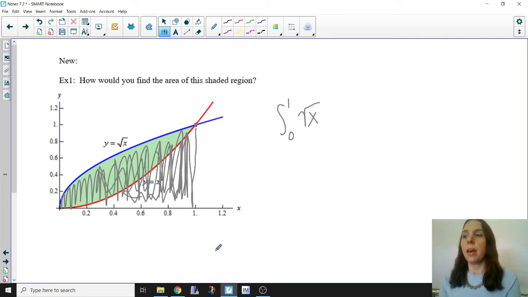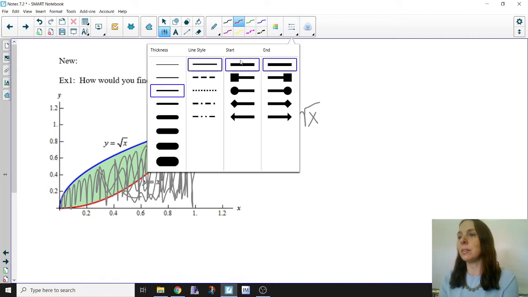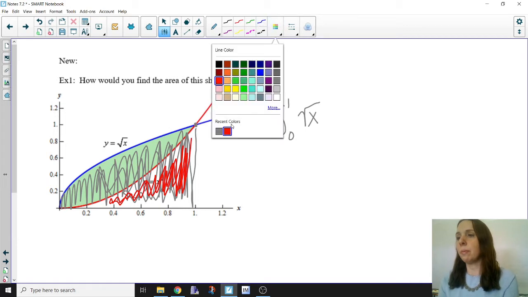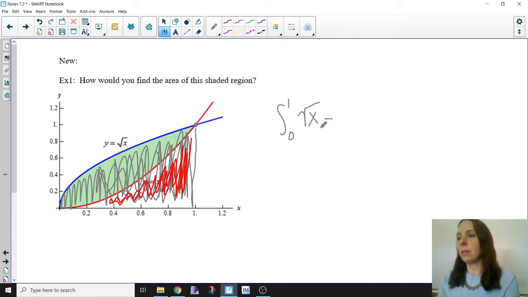Okay, but we don't want this part right here in our final answer. So how do we take that out? Well, that would be taking out the area of the region from 0 to 1 under or between x squared and the x-axis, right?